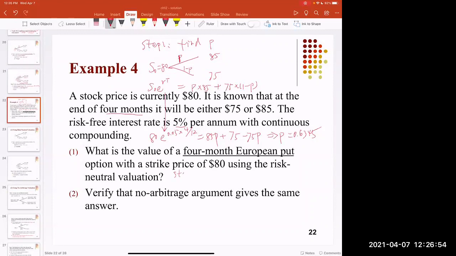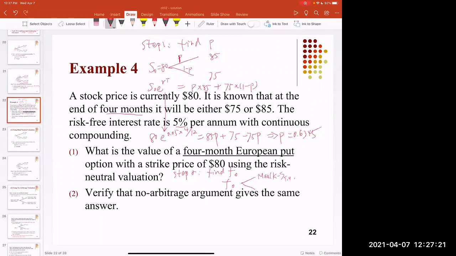Okay, step 2, we are looking for the option value or option price. So we're gonna set up a binomial tree for the option. Today is f0, that's what we are looking for. And at time t, which is 4 months, we need to find the payoff, which is based on the put, so we're gonna do K minus ST, right?